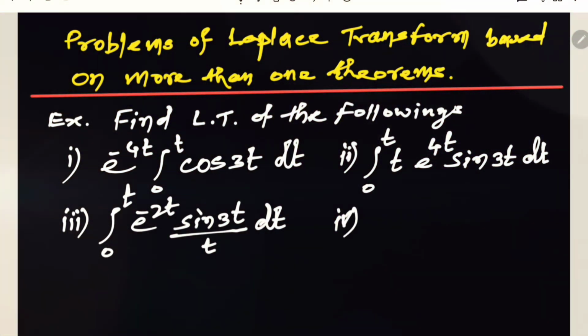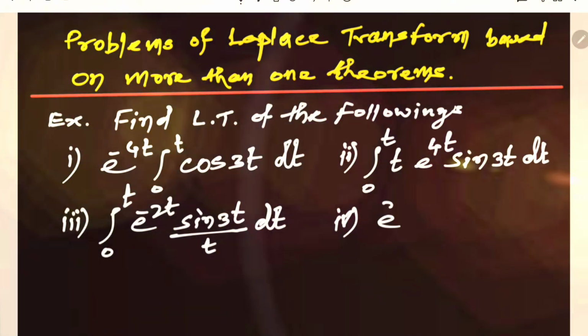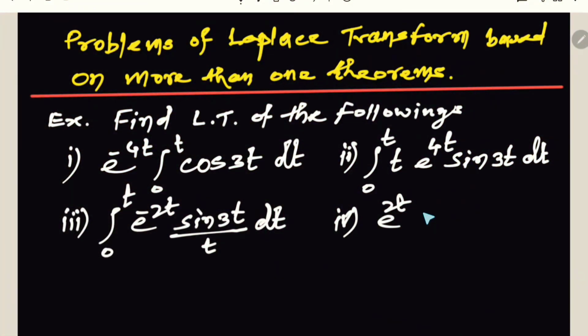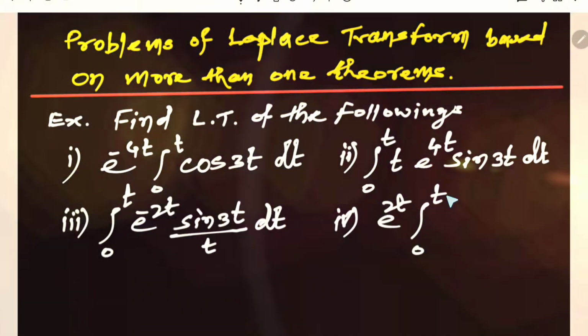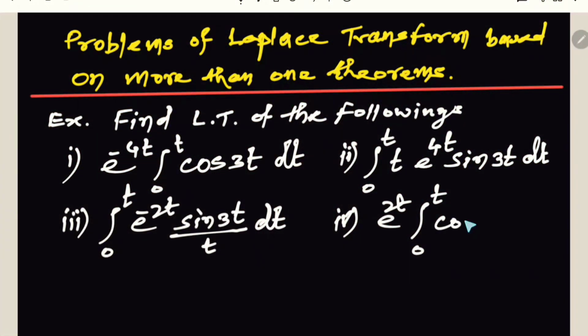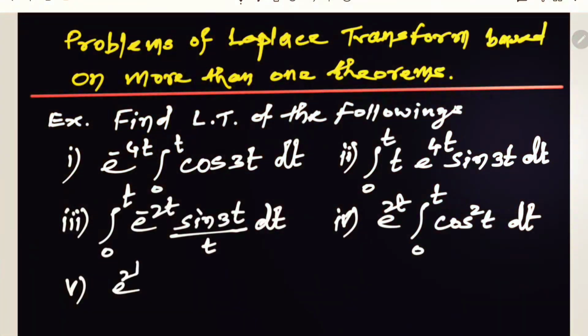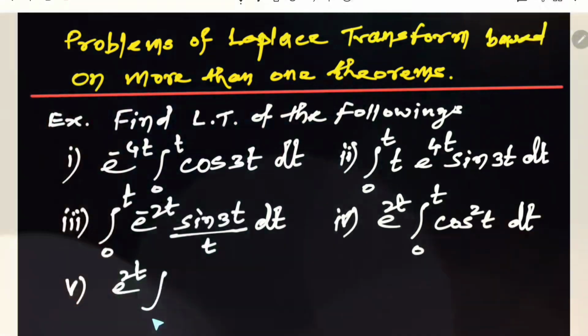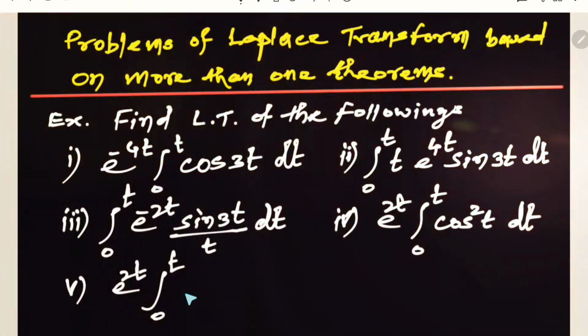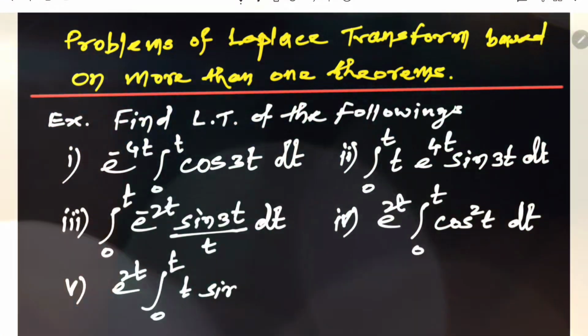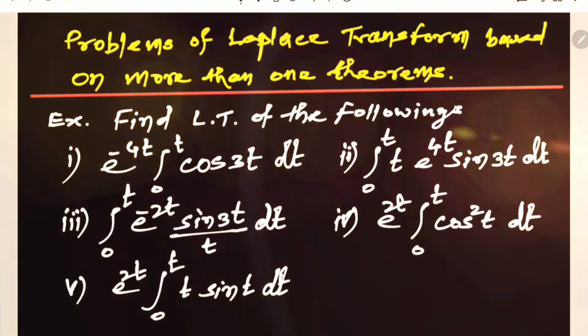Fourth one, e raised to 2t into integration from 0 to t of cos square t dt. Fifth, e raised to 2t integration from 0 to t of t sin t and its integration with respect to t.